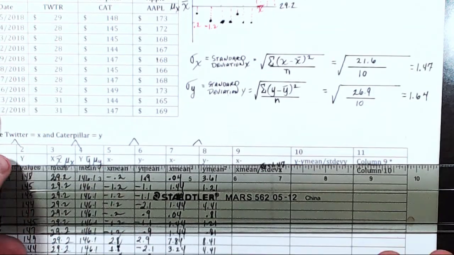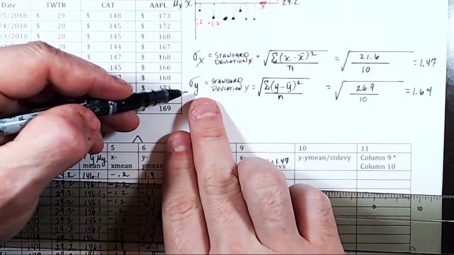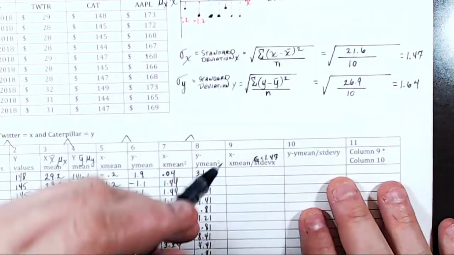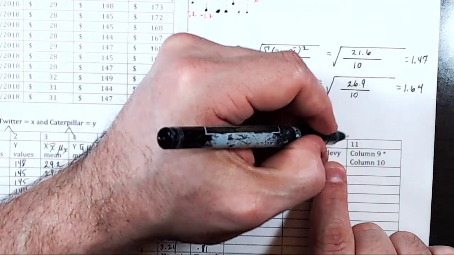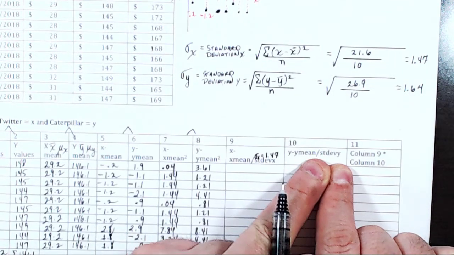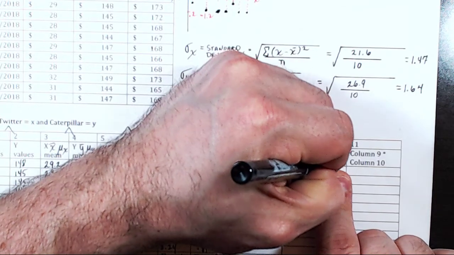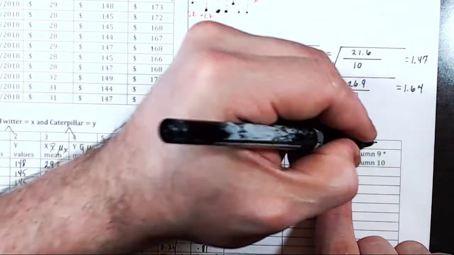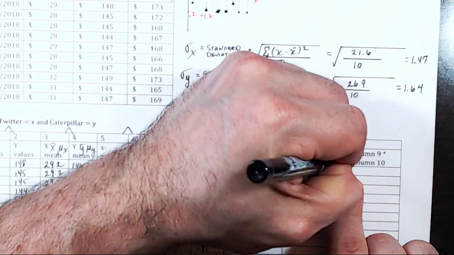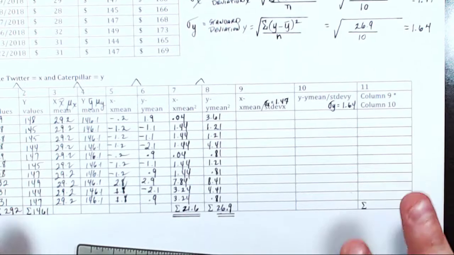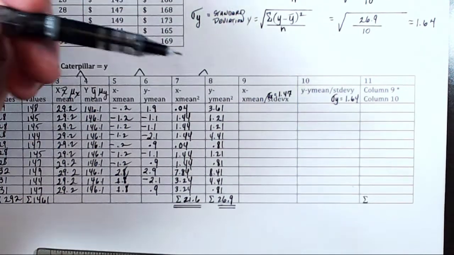Okay, so that is sigma y. If I want to go back to column 10 and plug that value in, STDVY, I'll plug in sigma y, or standard deviation of y, is equal to 1.64.